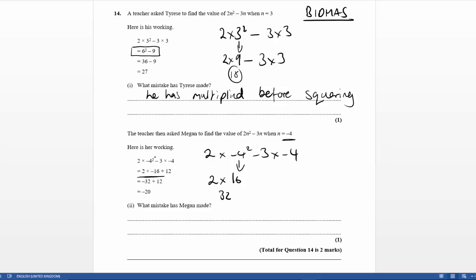She's done minus 4 squared, but she's written it as minus 16 in the answer, which is incorrect. So the mistake she made was she incorrectly evaluated this.